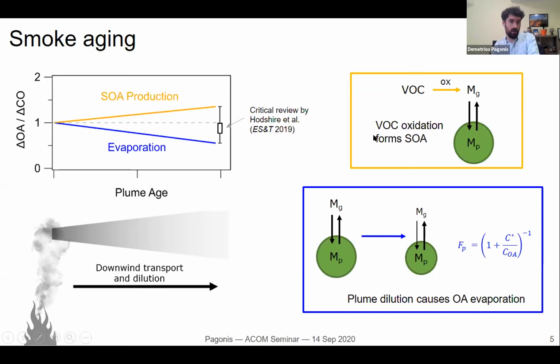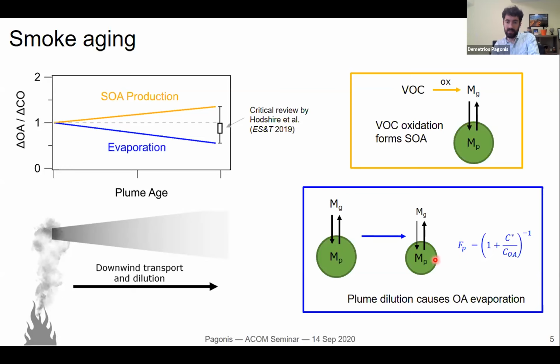On the other side here, we've got OA evaporation. If you go in and you write out your equilibrium expression for gas particle partitioning, key terms are going to be the volatility of a compound and the total amount of OA. And so as you rearrange terms there, you can write an expression for the fraction of a given compound that's in the particle phase, right?